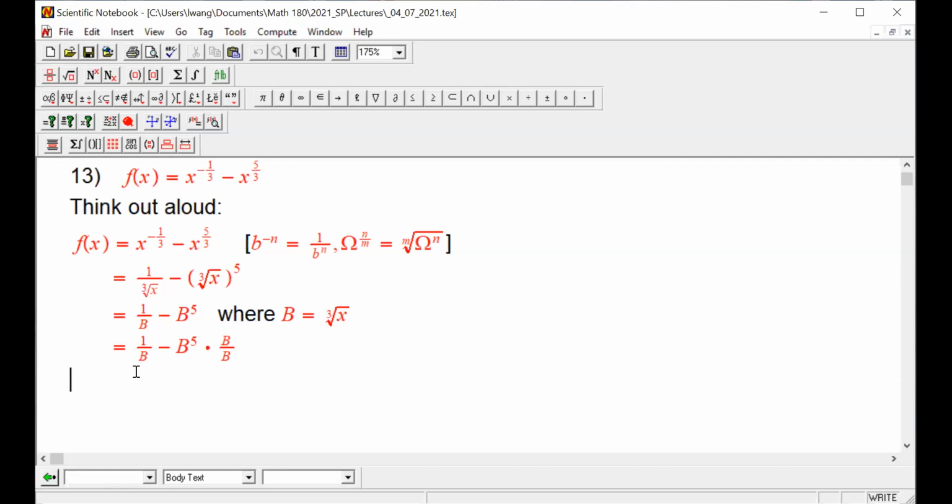So this will turn into what? We have a b in the denominator. On the numerator, we get 1 minus b to the power of 6. Does everybody follow me?